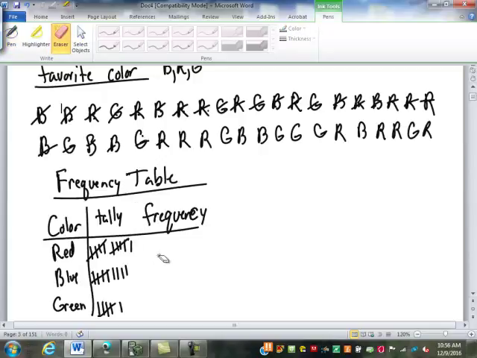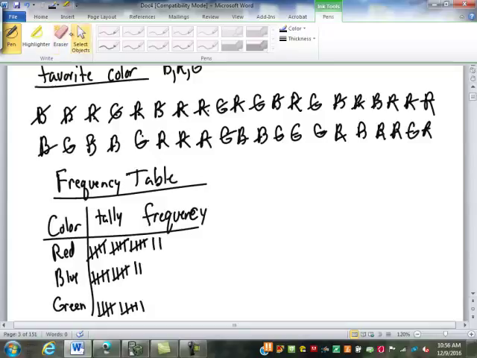I have to move my line. Red, green, blue, green, green, red, blue, red, green, red.